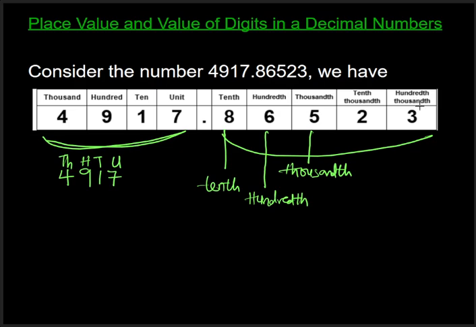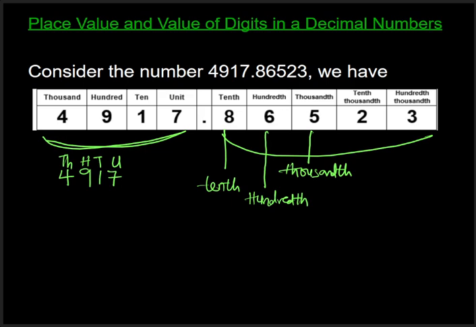Then we have tenth thousandth and then hundredth thousandth. So immediately after the decimal point, you start with the tenth. That means there's nothing like unit. You won't see unit. The first place value you see is a tenth, followed by hundredth, followed by thousandth, and then tenth thousandth, and then hundredth thousandth.